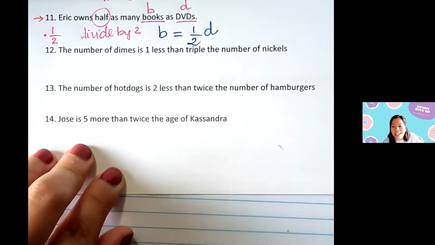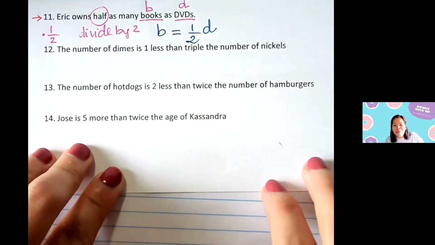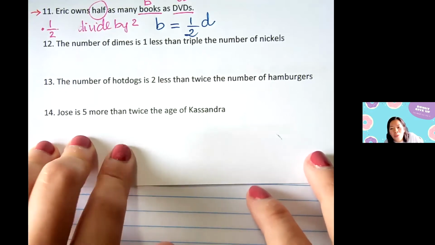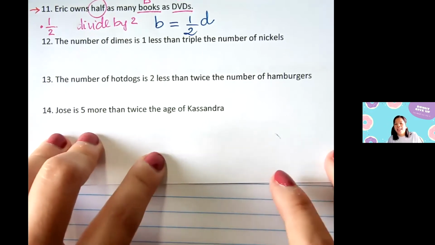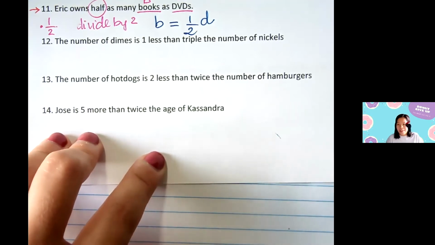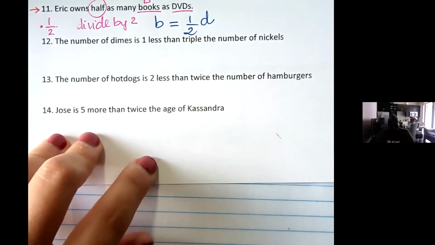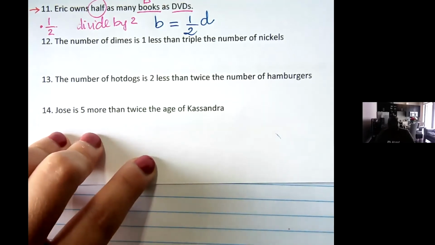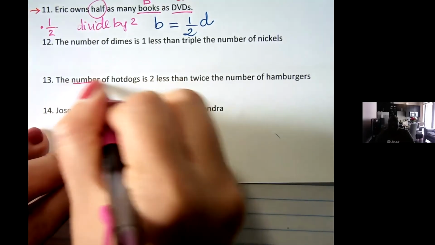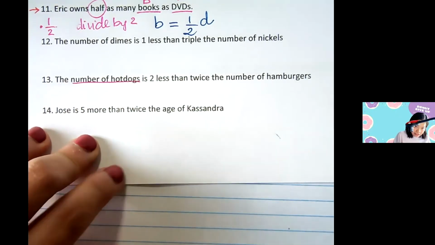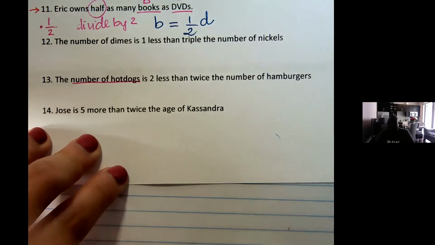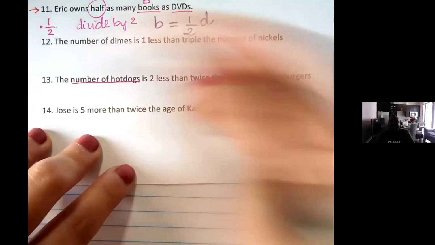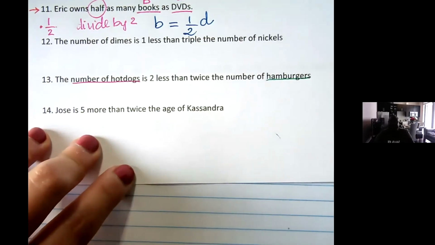Number 13, would you please read the question and tell me what are the 2 variables they mention? The number of hot dogs, so they are talking about hot dogs. Beautiful. 2 less than twice the number of hamburgers. So they talk about hamburgers. So the 2 quantities here are hot dogs and hamburgers.